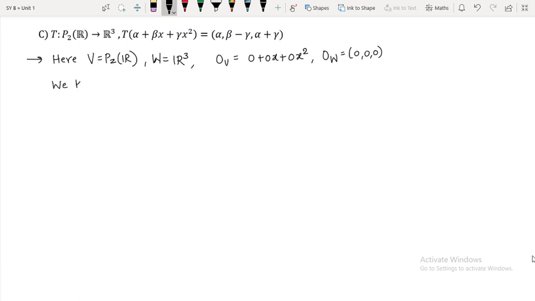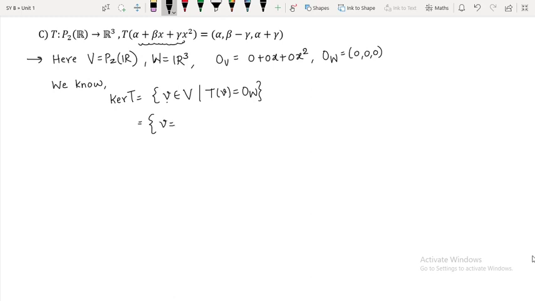We know, what is our kernel of T? Kernel of T is equal to the set of all v belonging to V such that T of v is equal to 0 of W, which is further equal to the set of all, which notation for v? This one, whatever is given in the question.